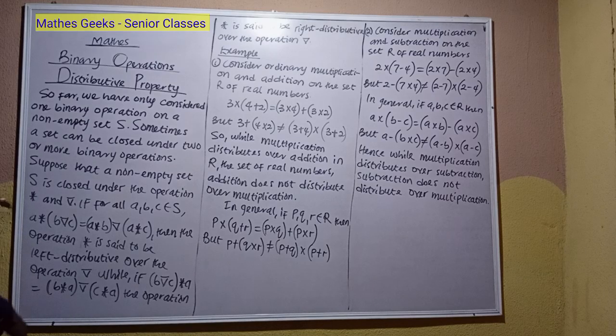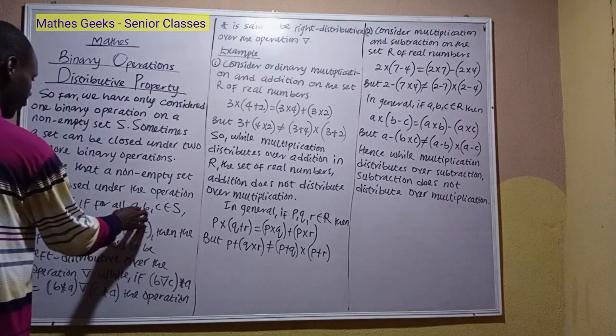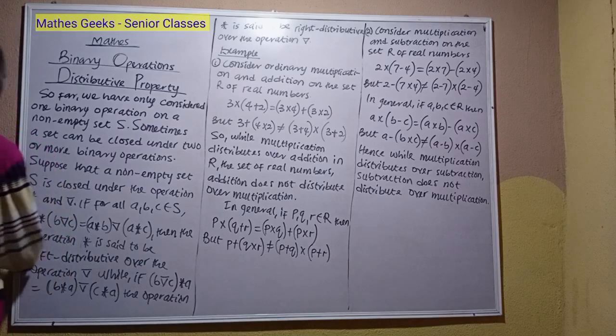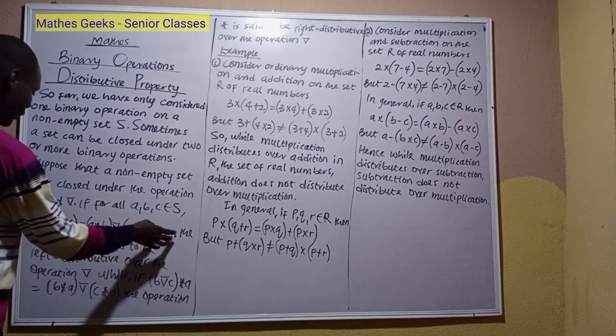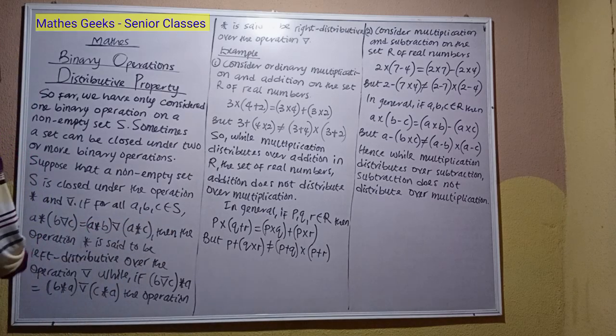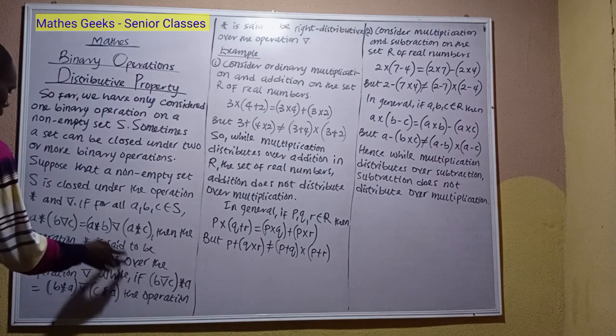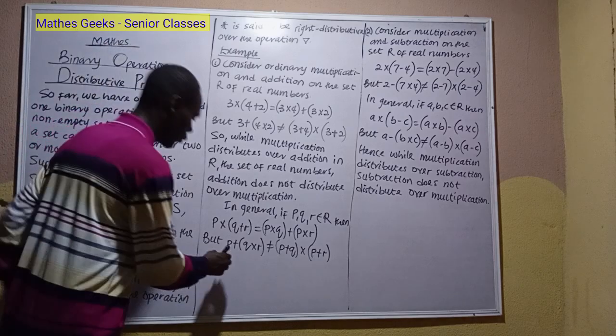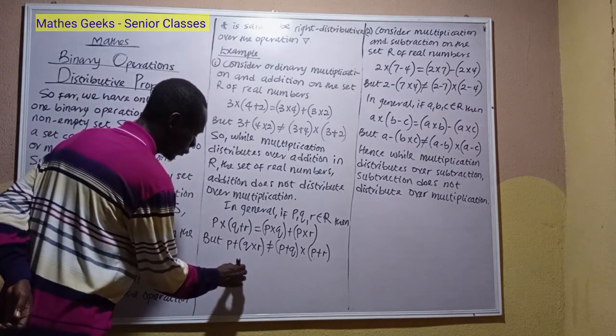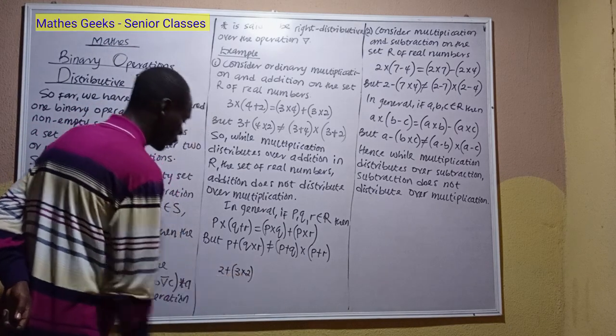So let's move on. Now, if for all A, B, and C elements of set S, A star (B V C) equals (A star B) V (A star C), then the operation star is said to be left distributive over the operation V. So if we have it this way and we expand A star B and then A star C, just like if you have your brackets, you have 2 times (3 plus 2).